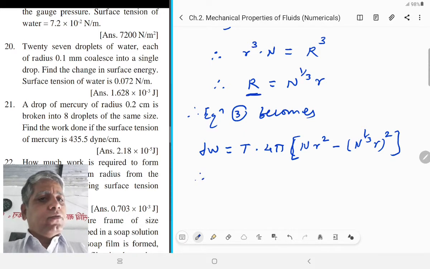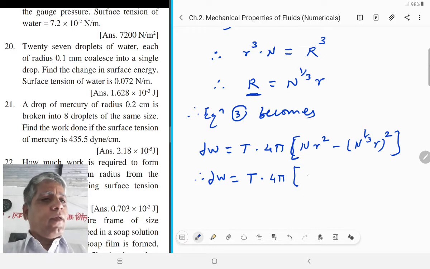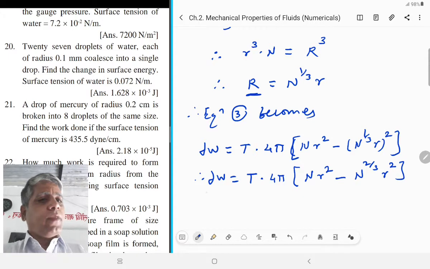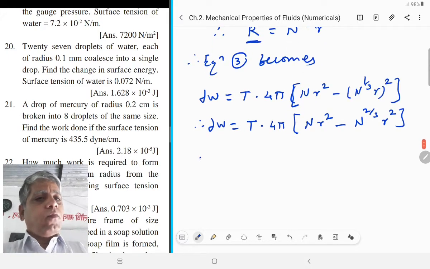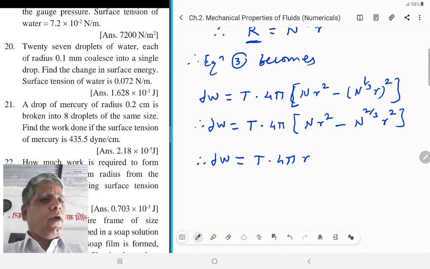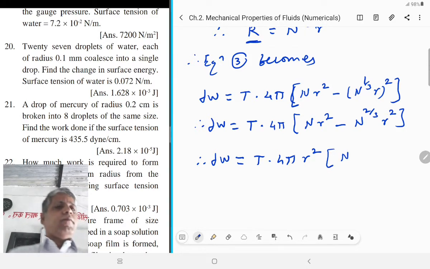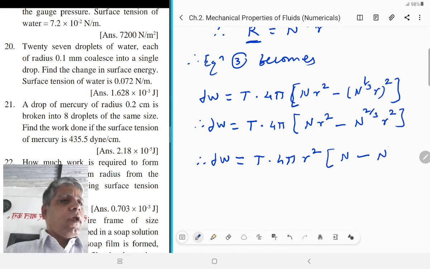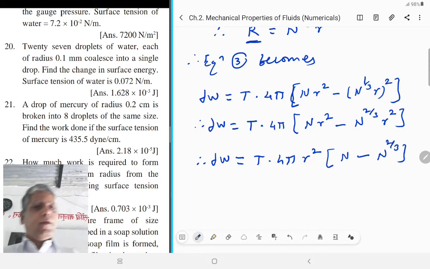Therefore change in surface energy is equal to capital T, that is surface tension, into 4 pi into bracket n into r square minus n raised to 2/3 into small r square, and therefore work done or change in surface energy is equal to T into 4 pi r square into bracket n minus n raised to 2/3.